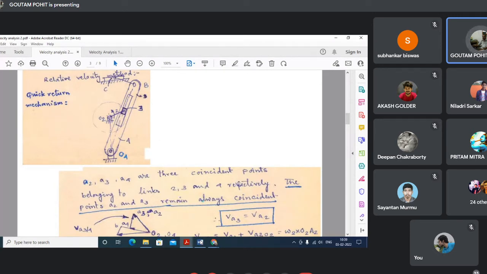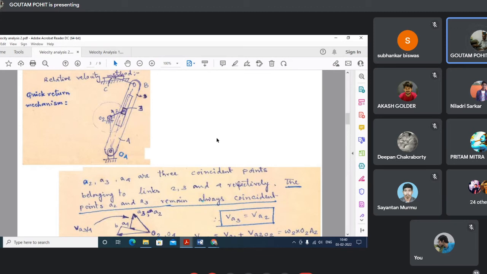Now, this is a similar kind of problem we have dealt with in the last classes. Again, we assume 3 coincident points, A2, A3, A4, belonging to links 2, 3 and 4, where 3 is the slider and 4 is the slotted arm.